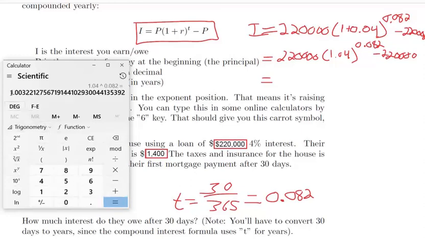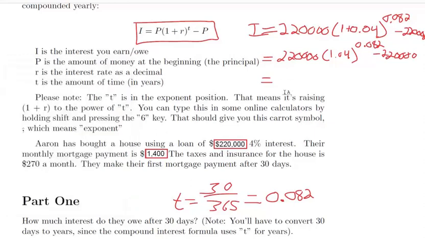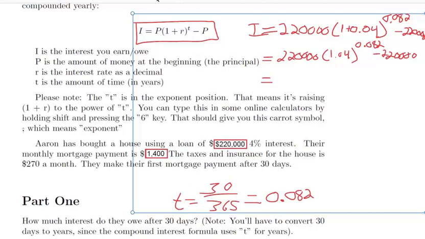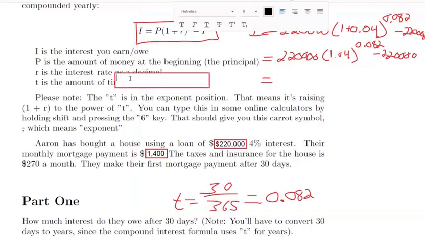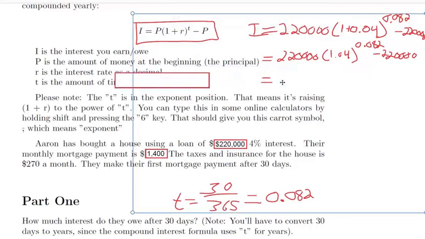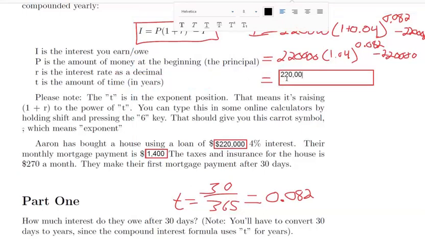I think I'm going to start typing because it's getting less and less legible with my computer. You don't have to carry out this many decimals probably, but okay, so we got 220,000, and then this is what we got when we raised it to the 0.082 power.